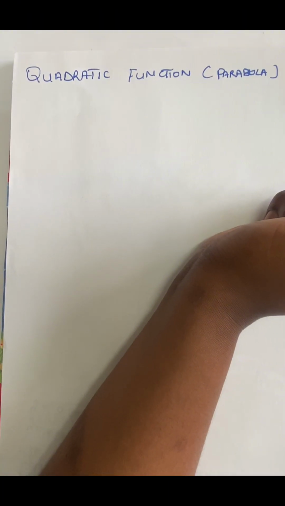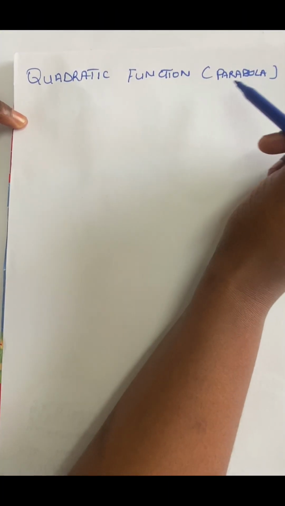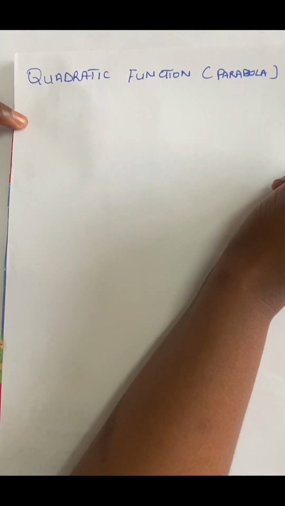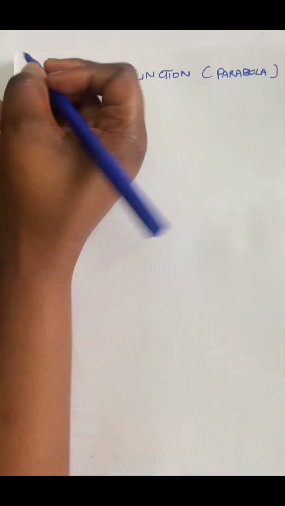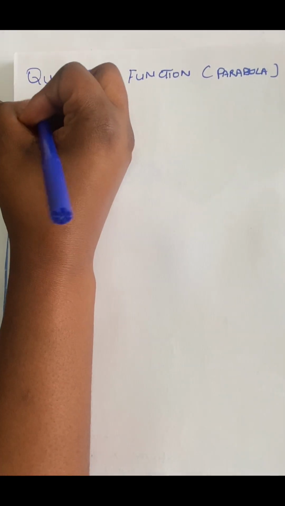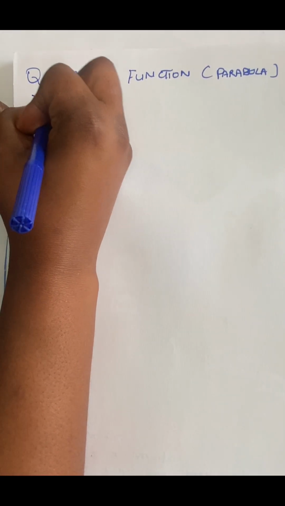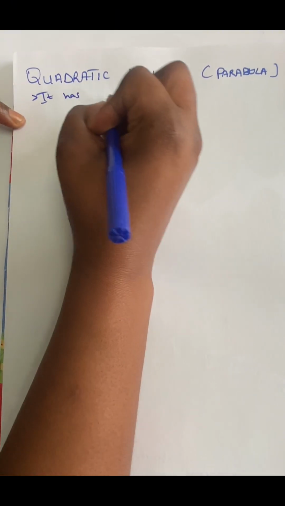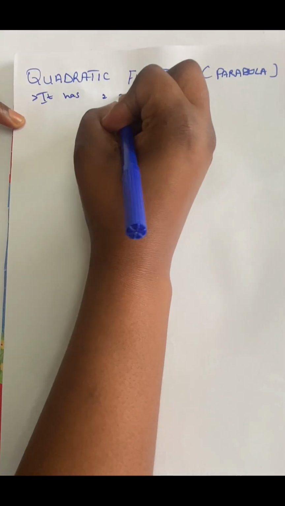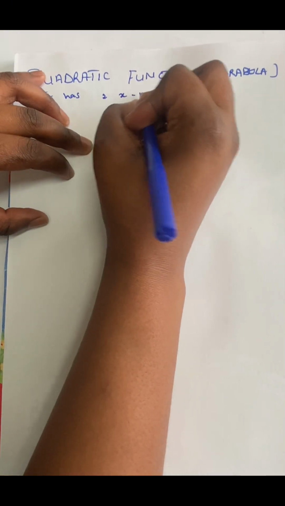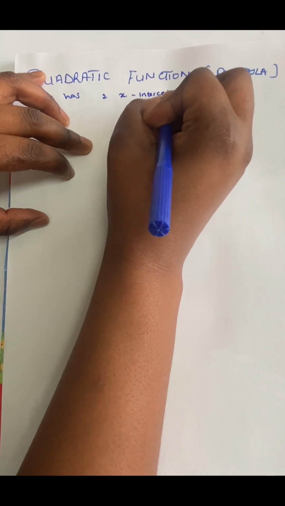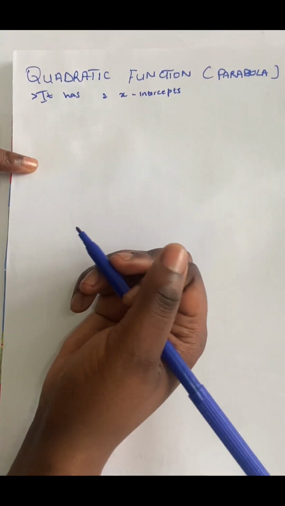Okay, so we have a quadratic function, which is also called a parabola. The reason why it is called a quadratic function is because it has two x intercepts.